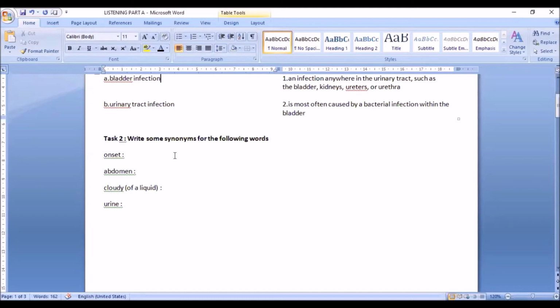Indeed, for listening, but why? Why do we need synonyms? Or maybe definitions or understanding concepts or rephrasing certain concepts, saying with other words.